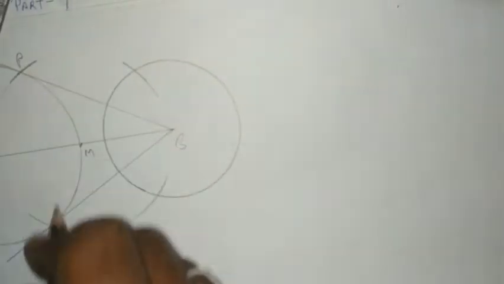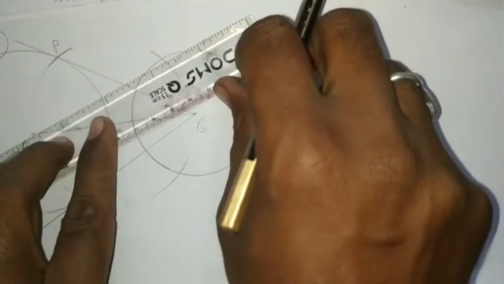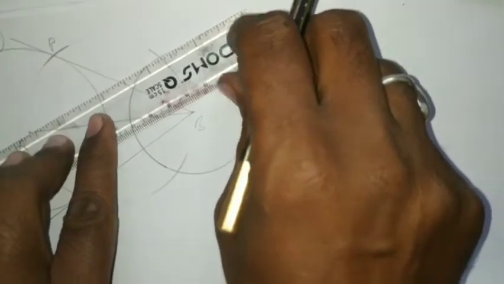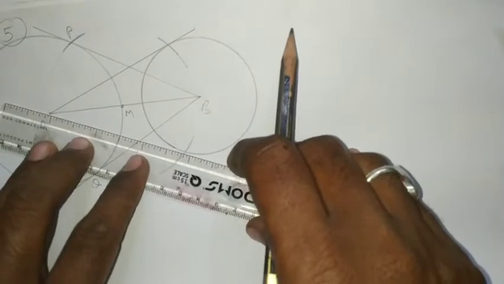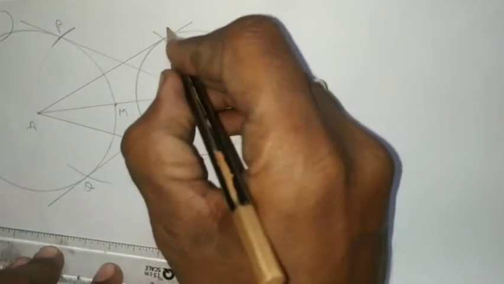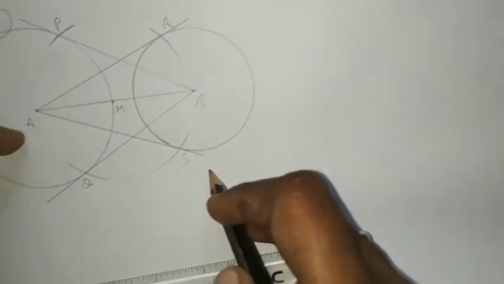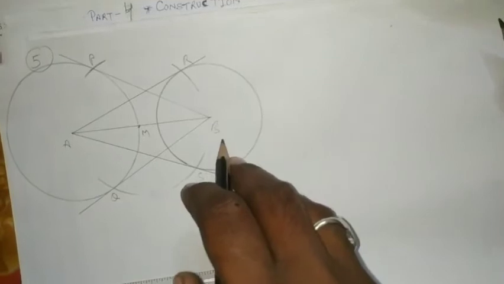Suppose that BP and BQ are the tangents of this circle, and again using the other center, join these points. So AR and AS are the tangents of the second circle.